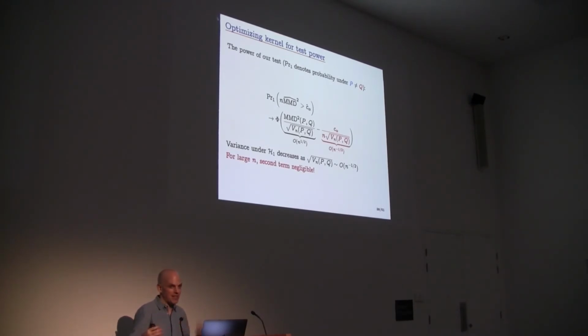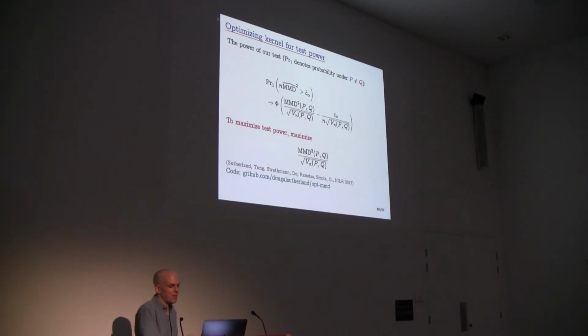Absolutely, changing your kernel will affect the C alpha. But if we have enough samples, the main thing that will have an effect is to just maximize the MMD divided by the variance. I basically want to make my MMD as large as possible and its variance as small as possible, and that's going to be enough in this case. So for a large enough sample size, the effect of the kernel on the C alpha will be much smaller in its impact on the power than just making the MMD large and its variance small.